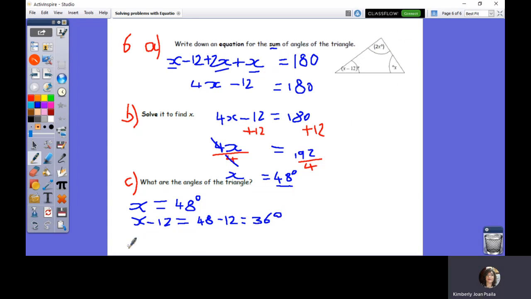Last one, here we have 2x degrees. We know that 2 is multiplied with x, so we have 2 times the value of x. 2 times 48 gives us the value of 96. And there you have your final answers.